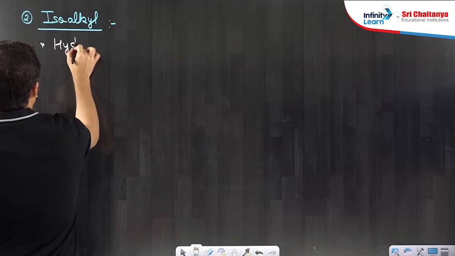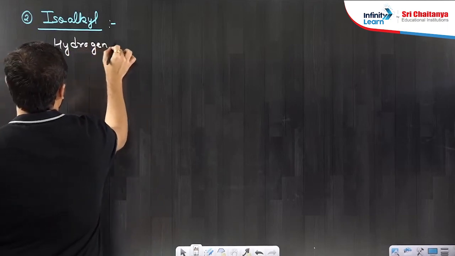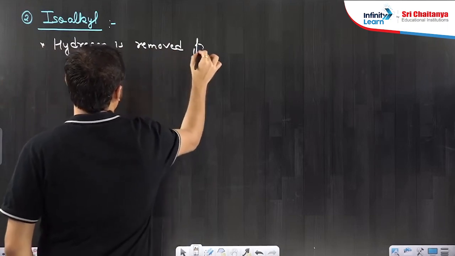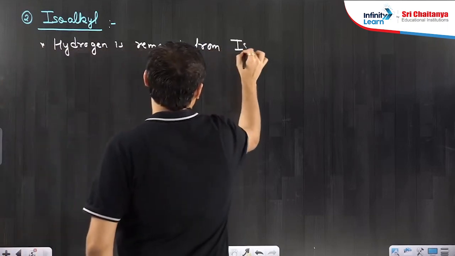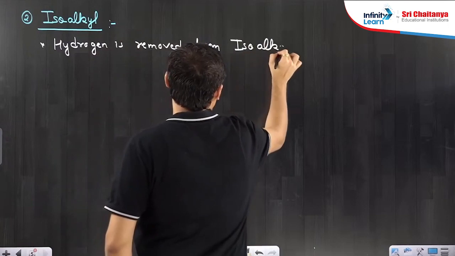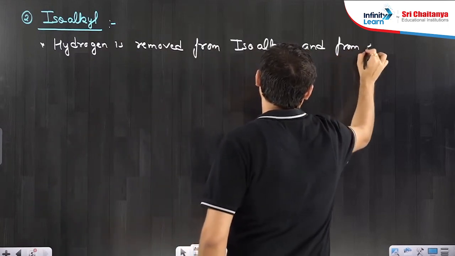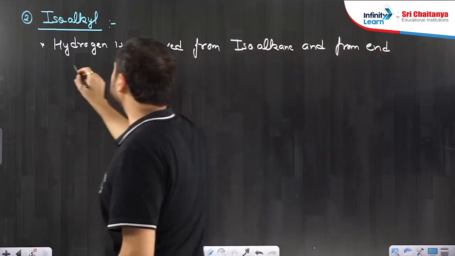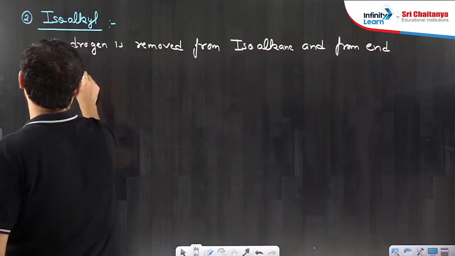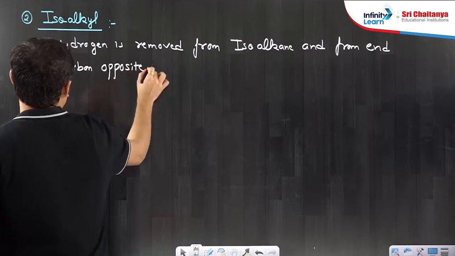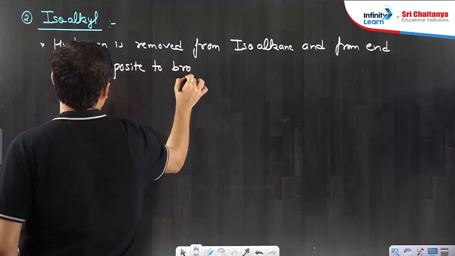That hydrogen is removed from isoalkane and from the end carbon opposite to branching.